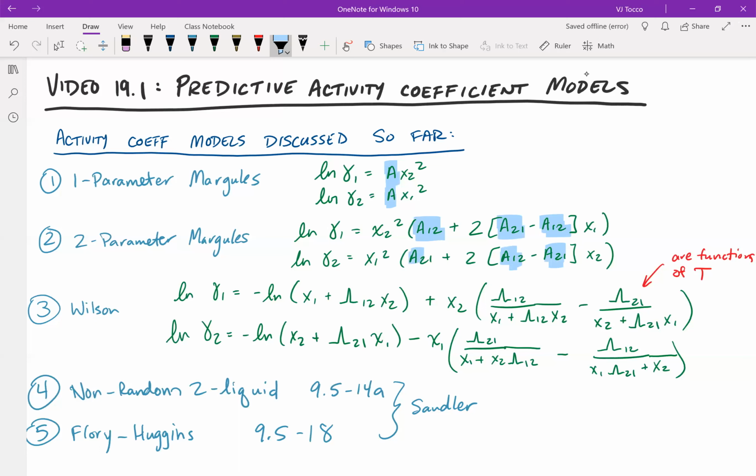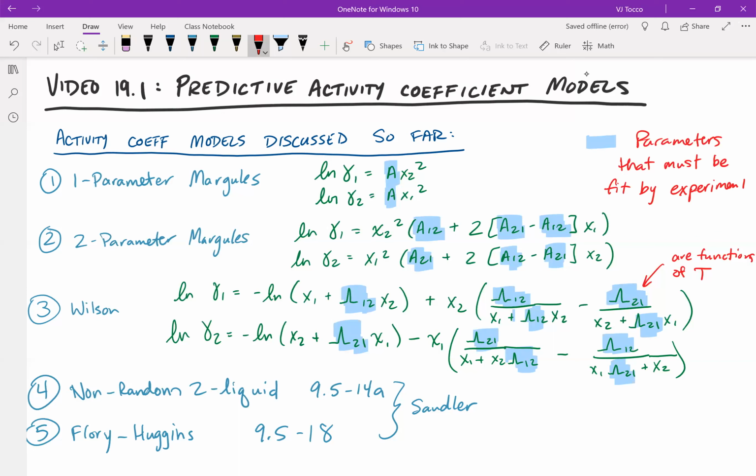So these things I'm highlighting are all things that you would need to fit with some type of experiment. The lambdas, not the X2. So highlighted are parameters that must be fit by experiment.